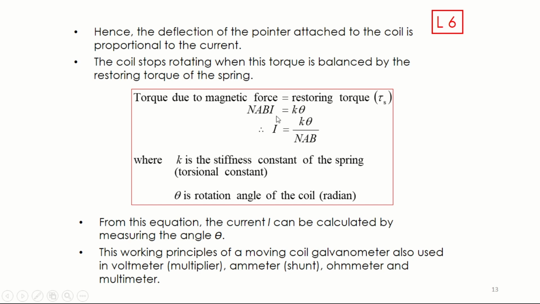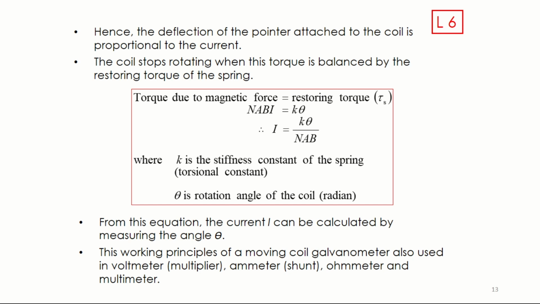So NABI equals K theta. So the current I equals K theta divided by NAB, where K is the stiffness constant of the spring, or torsional constant, and theta is the rotating angle of the coil in radians.